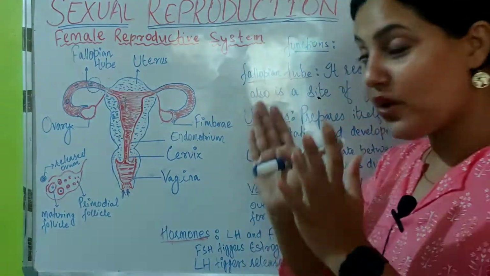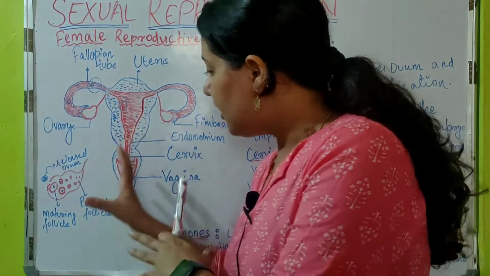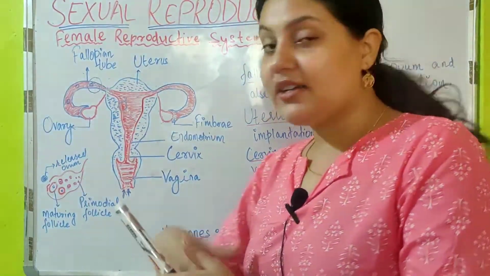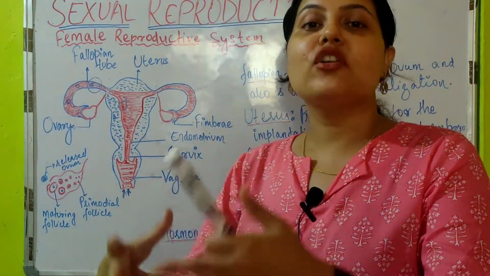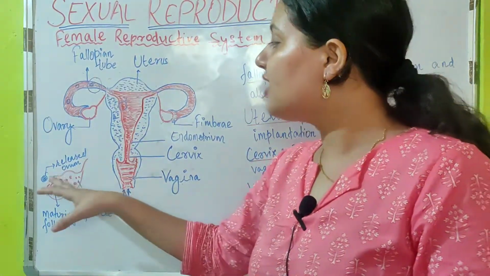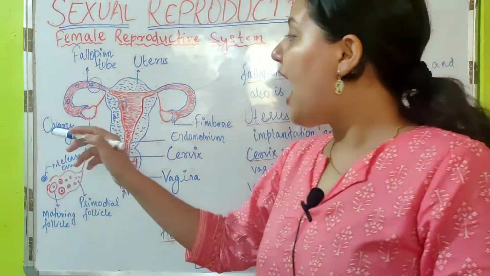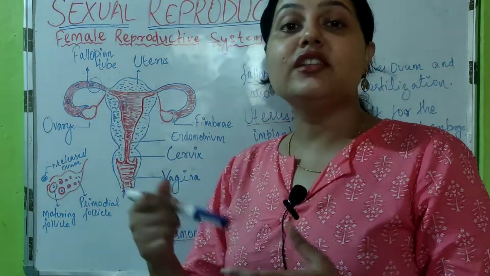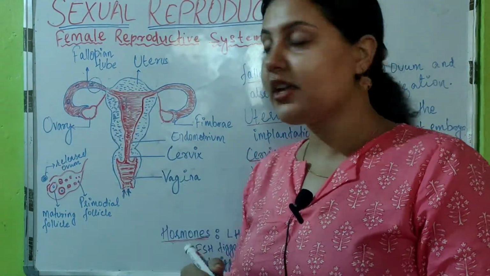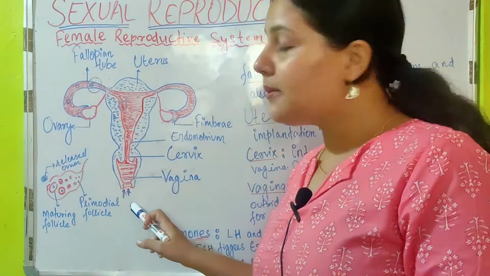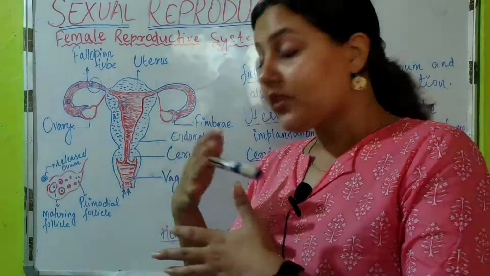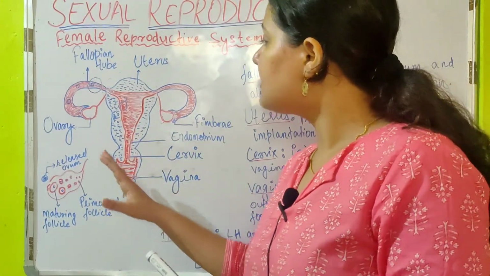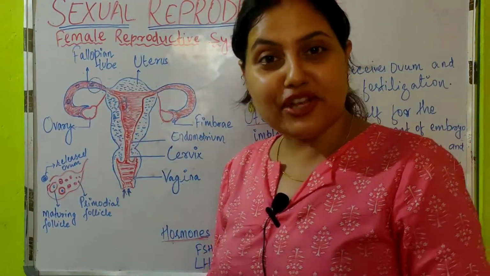One more time: the primordial follicle matures first into primary follicle and then secondary follicle, and then the ovum is released. After the release of ovum, during the 10th to 14th day, if the female has sexual intercourse, the sperm will enter the fallopian tube.